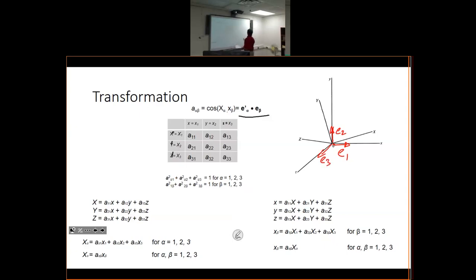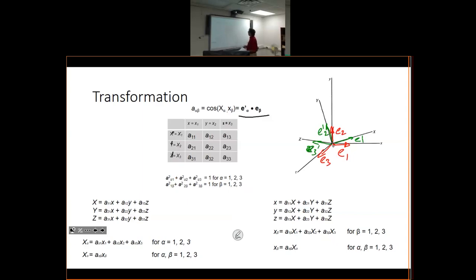And now I have prime coordinates, which is capital, so this would be E1 prime, E2 prime, and E3 prime. Okay?